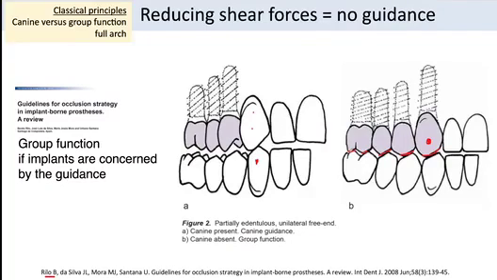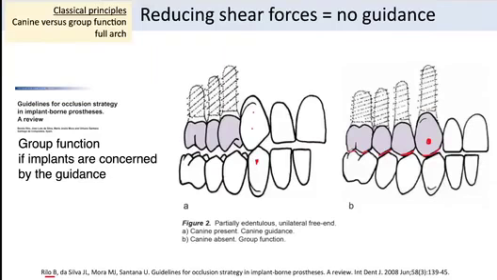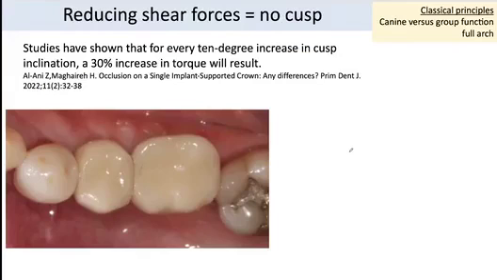Reducing shear forces means no anterior guidance. And it is a general principle. When you look at the application of the general principle in daily practice, you can observe this: no cusp.